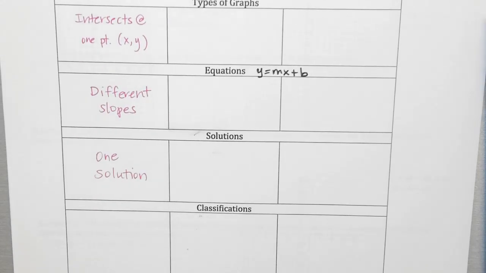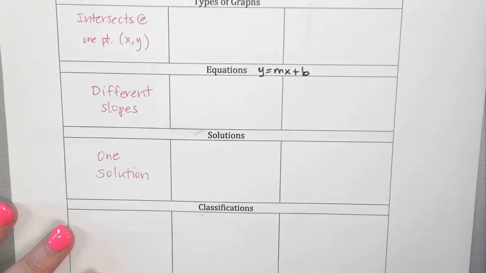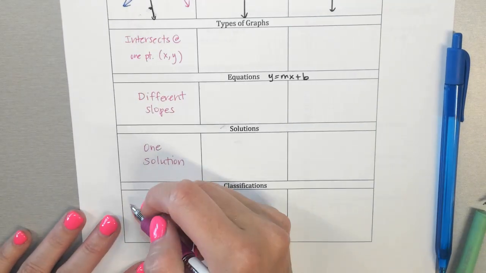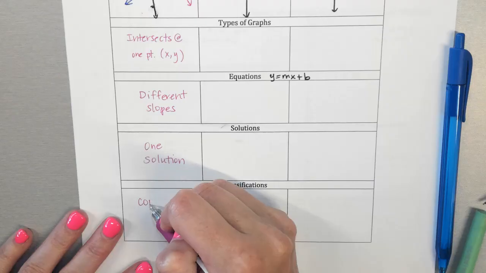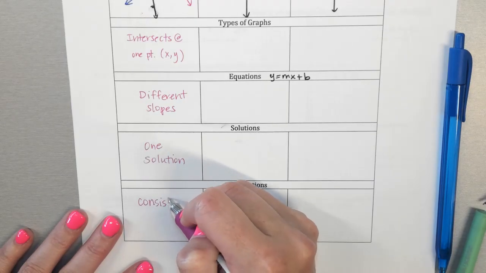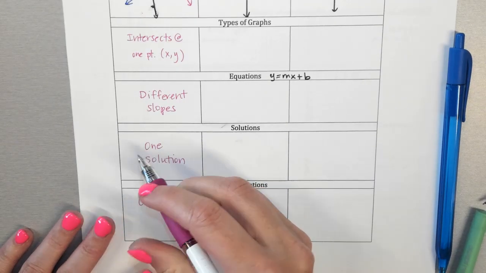And then we are going to classify those. Okay, so if it is one solution, we would classify the system as consistent and independent. And we're going to talk about this a little bit more once we fill out the chart.